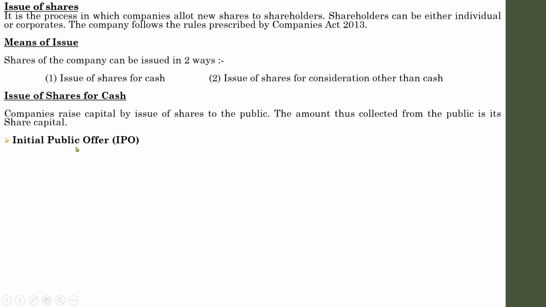In the points which we are going to discuss next is what are the methods through which the company can raise cash or capital. First one, initial public offering. That is the most commonly used method to raise capital from the public. It is otherwise known as IPO or initial public offering.